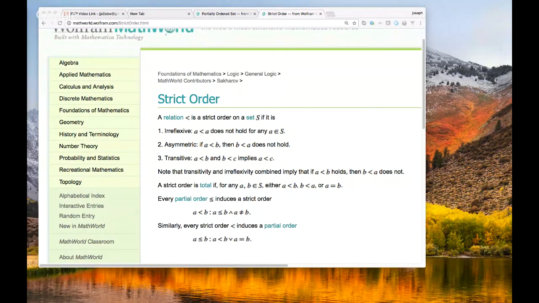But where we run into a problem is the definition from Wolfram, that a strict order is total if A equals B, or if element 1 equals element 2, or element n.